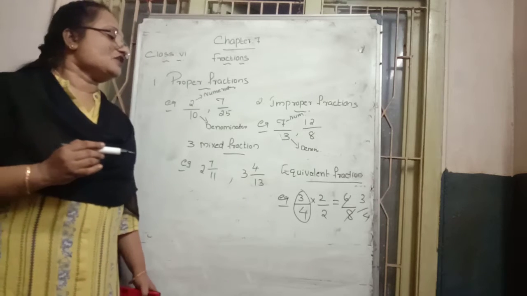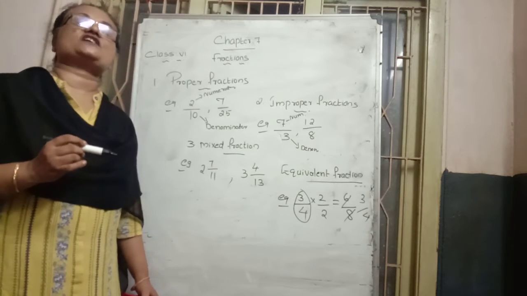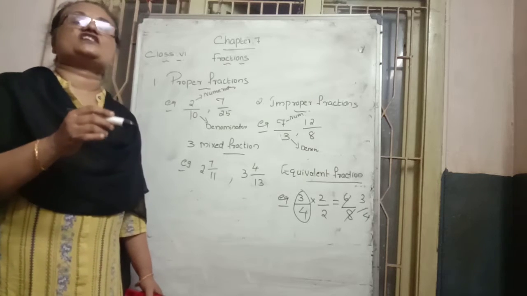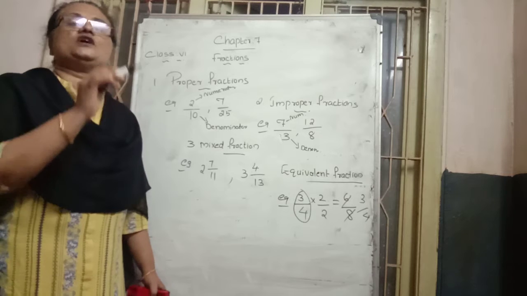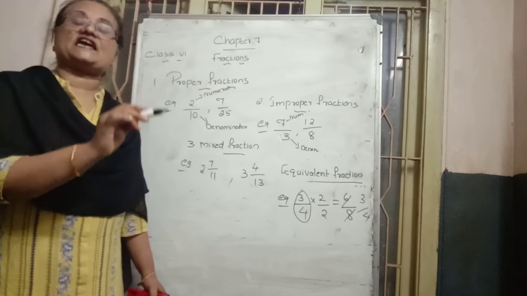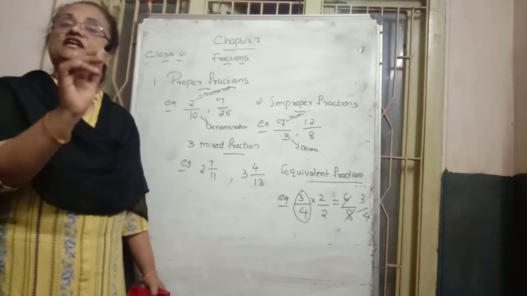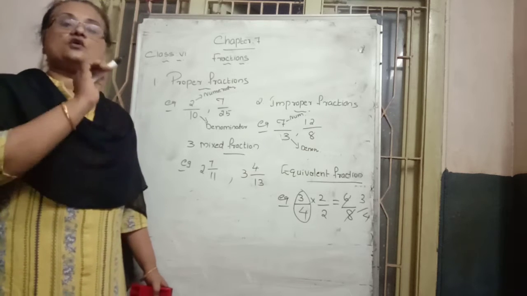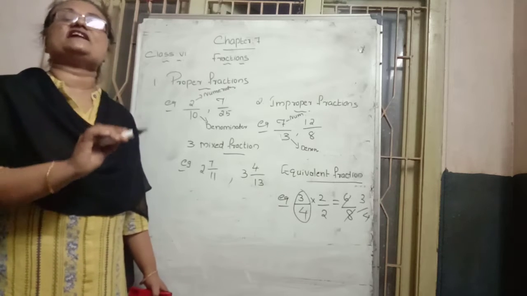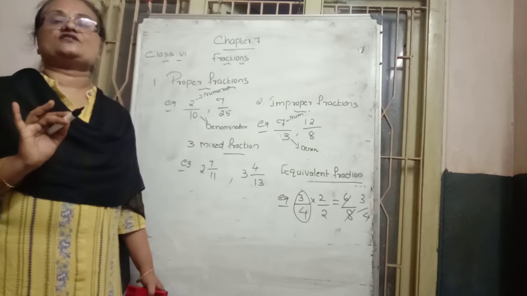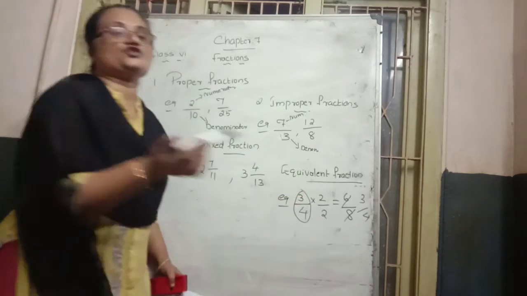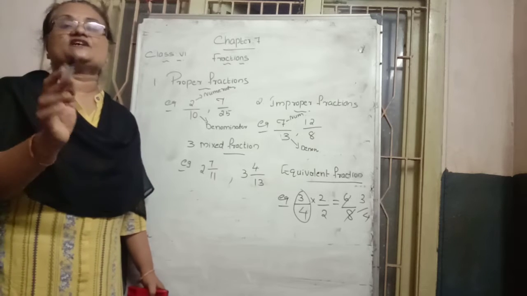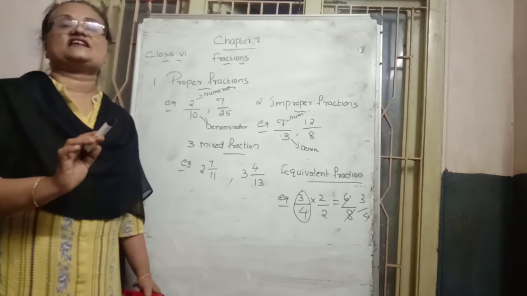That's how to make an equivalent fraction. The given fraction is multiplied or divided, anything we can do. Multiply using the same number, then only will we get an equivalent fraction. Or use the same number to divide, then only will we get an equivalent fraction.